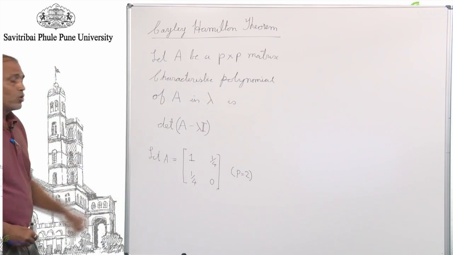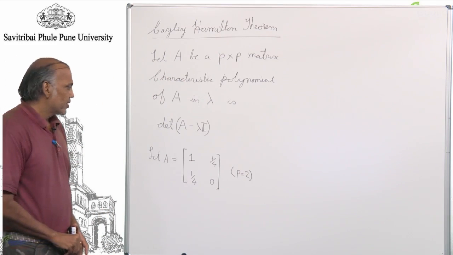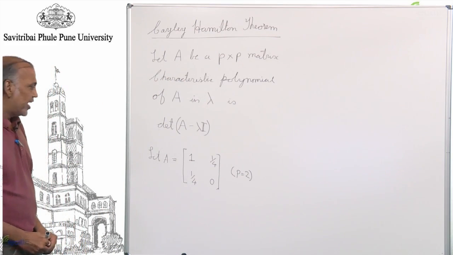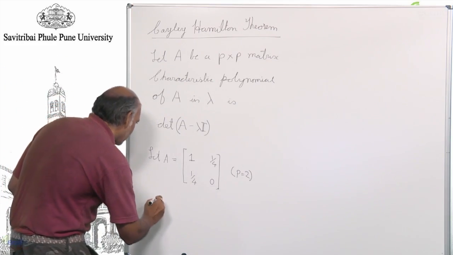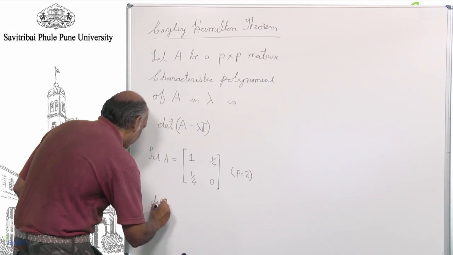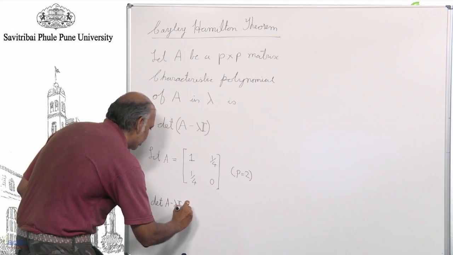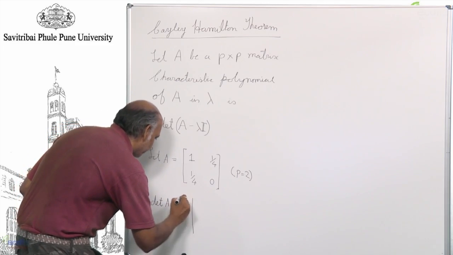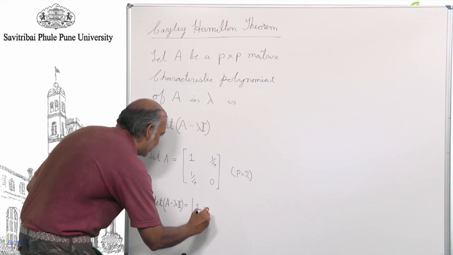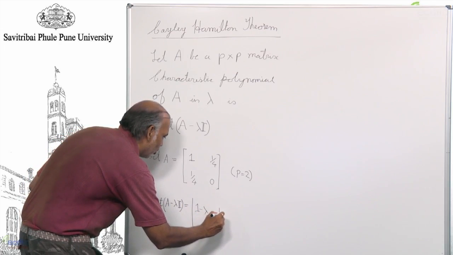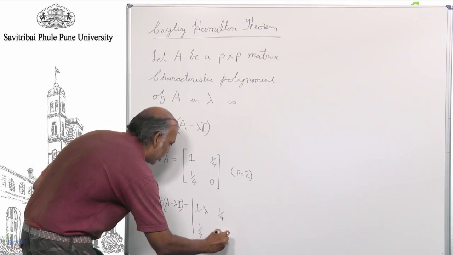Let us try to find out what is determinant of A minus lambda I. That would be the characteristic polynomial of this A in lambda. Determinant of A minus lambda I equals one minus lambda, 1 upon 4, 1 upon 4, 0 minus lambda.